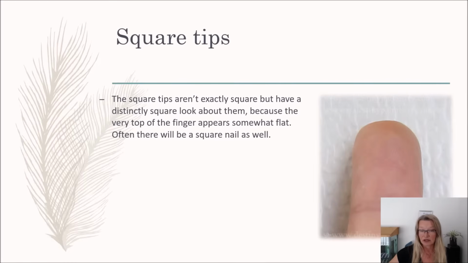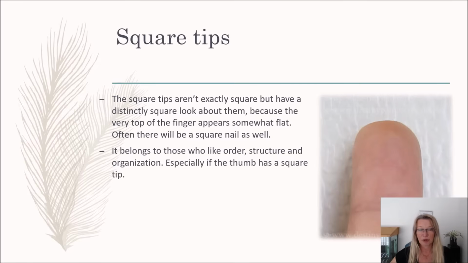That often will be square as well, rather than a round nail. Just a point, often the round tip has a round nail, the square has a square nail or rectangle nail, and the bulbous tip might have a fan shaped nail where it's narrower at the bottom and widens at the top.